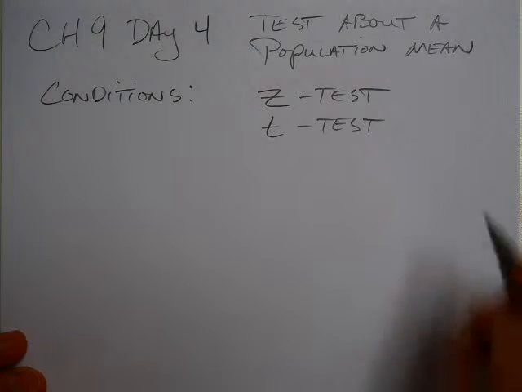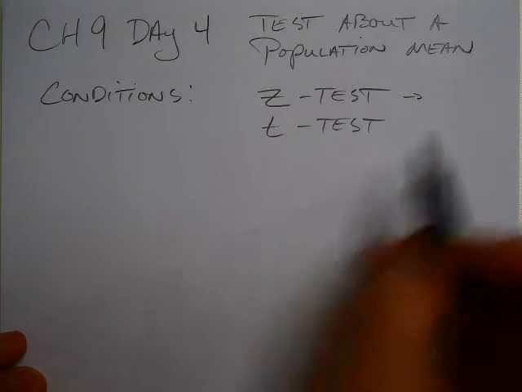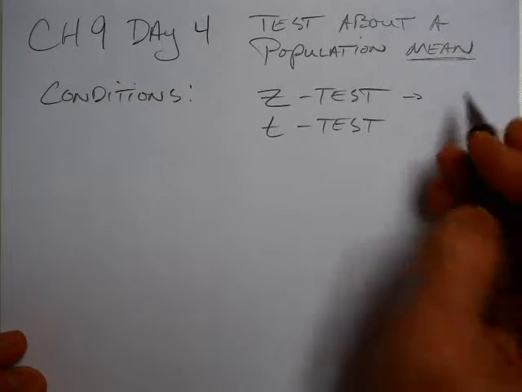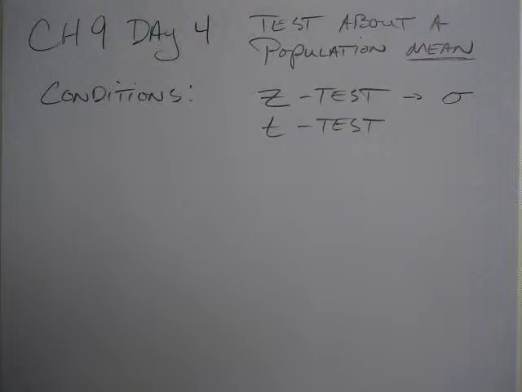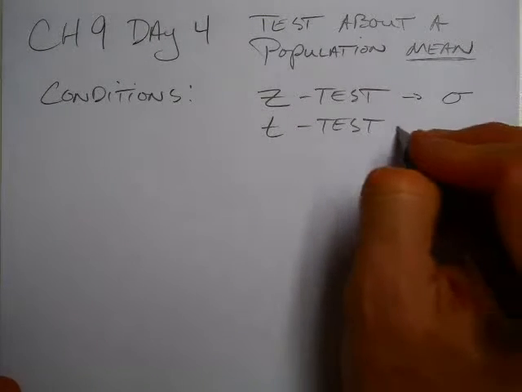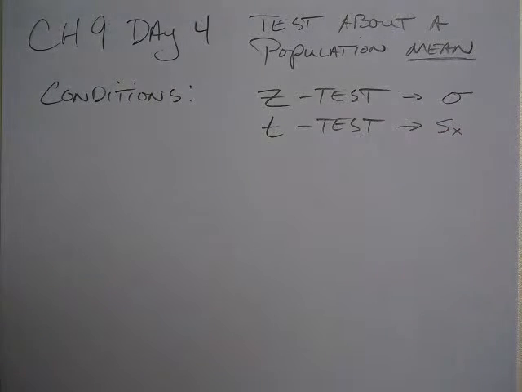And if you remember, the z-test, when we're talking about population means, is a time where you'd have sigma given to you, a population standard deviation. And the t-test would be when you have to calculate, or it's been calculated, the standard deviation for a sample, right? That's how you choose between which test.